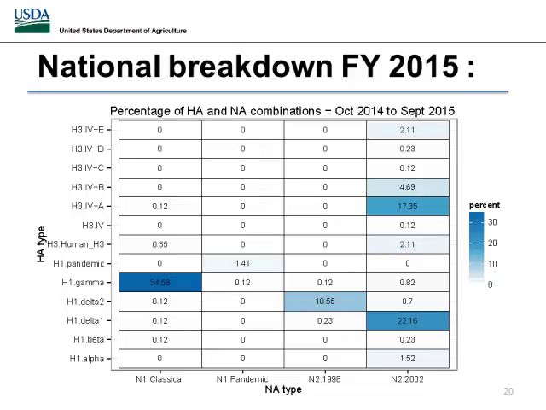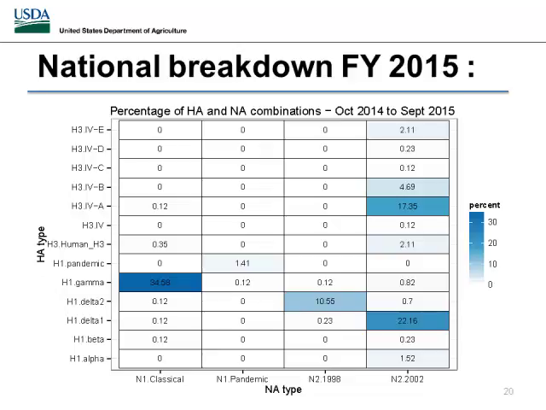And then maybe it reassorted and you got the N1 pandemic with the H1 gamma, and 0.12% of the viruses are there. So this is a breakdown of the different viruses, but the majority are classical H1 gamma N1 classical, so 34% there, or the H1N2 at 22%, or the H3 N2 at 17%. And then it breaks on down to the different types up there.